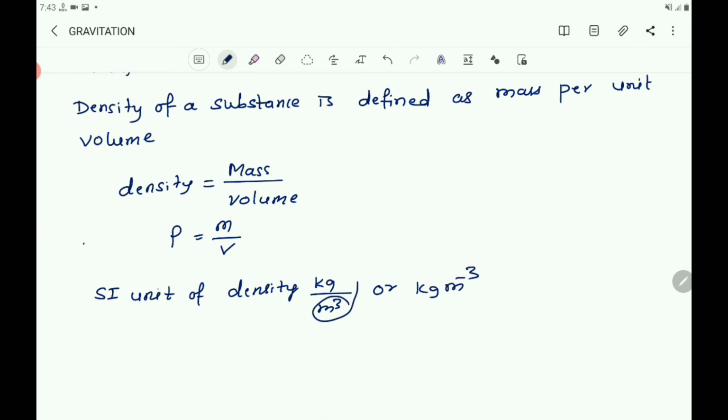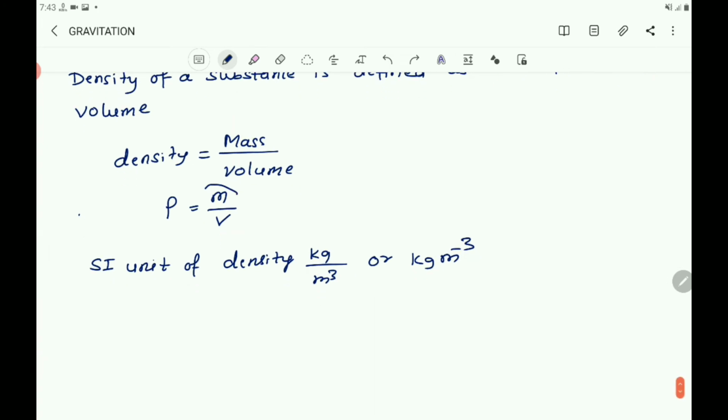You know that the SI unit of mass is kg and the SI unit of volume is meter cube. So the SI unit of density is kg by m cube, that is kg m power minus 3.